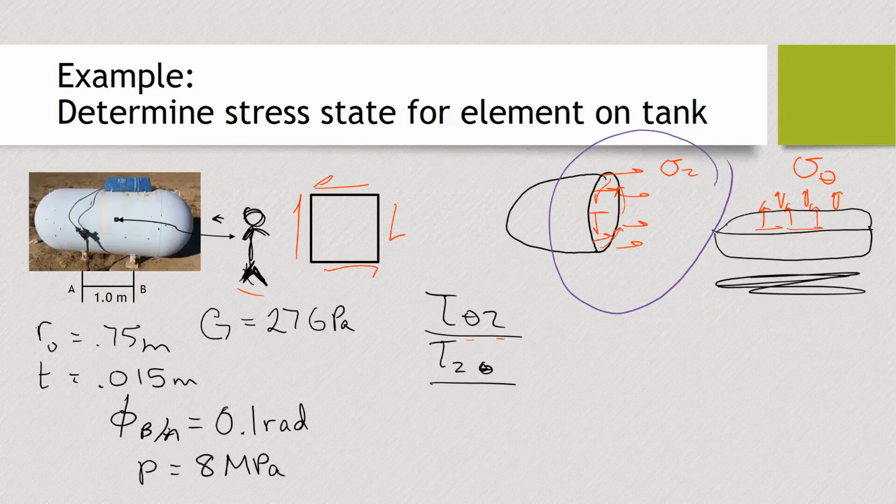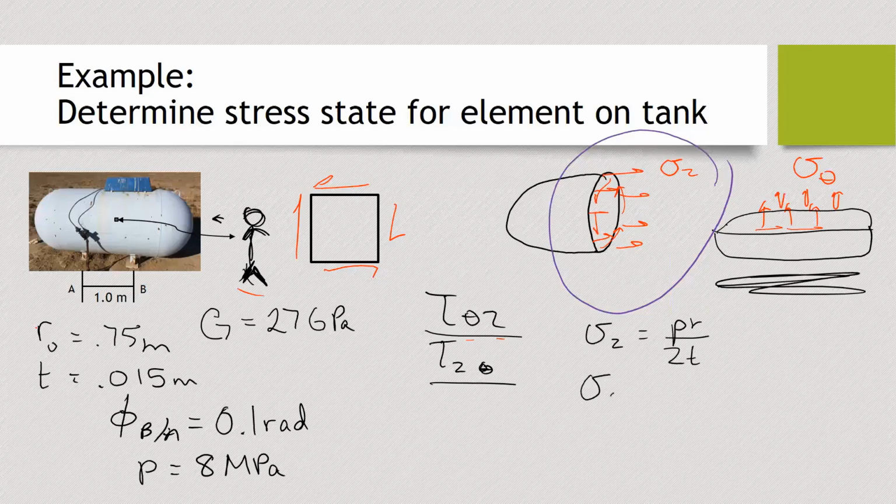All right, so let's see, mathematically speaking, how do we calculate sigma z? Yeah, I mean, generally speaking, it's our force over our area, but specifically we have PR over 2T.